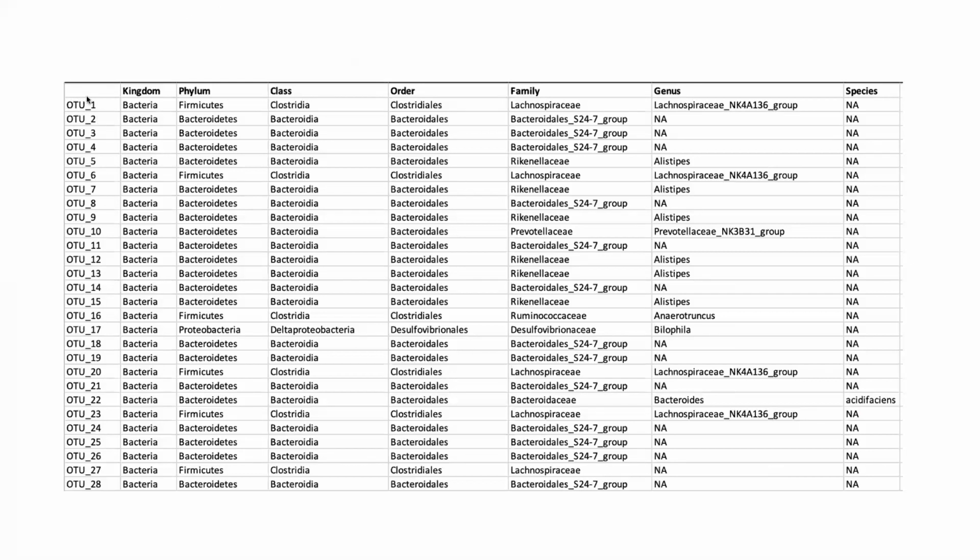So once we get to the assignment of operational taxonomic units, we want to what's called rarefy. In other words, make sure that a lot of this information is going to include kind of noisy data, and that data might not be useful for our analysis. So it's going to try and reduce the number of phyla, if we choose phyla, for our downstream analysis.